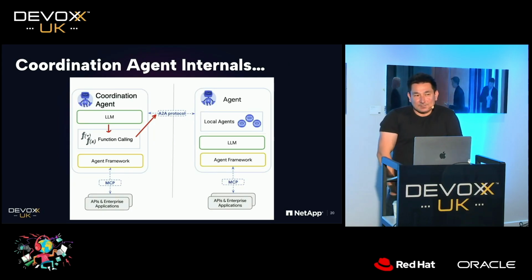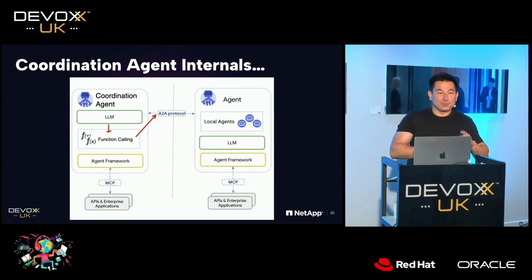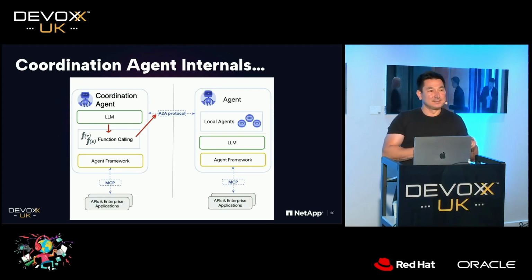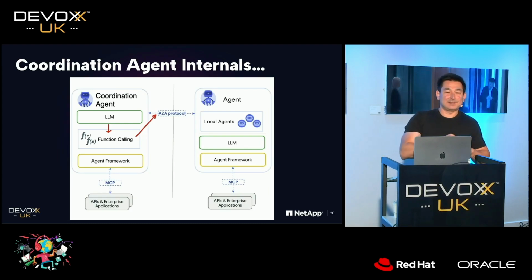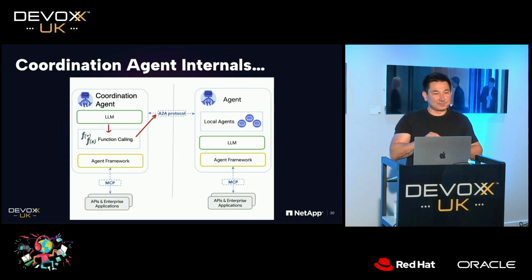So a lot of people might be asking, how does that coordination agent work? And in my implementation, and I think it's actually a pretty clever implementation, and it also happens to be a very simple implementation, for that coordinating agent, I'm actually just going to use an LLM's function calling, saying if you need to do any kind of question and answer stuff, do this function call.